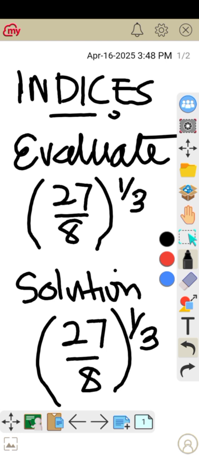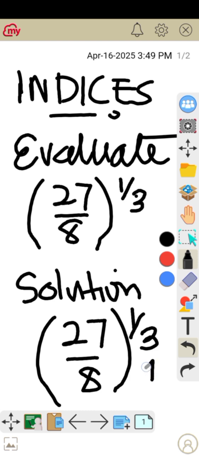Now, when you see this question, you're seeing 3 outside, and 27 and 8 inside the bracket. The first thing you should do is check for any number that can divide 27 three times without any remainder, and any number that can divide 8 three times without any remainder. Why are we dividing it three times?